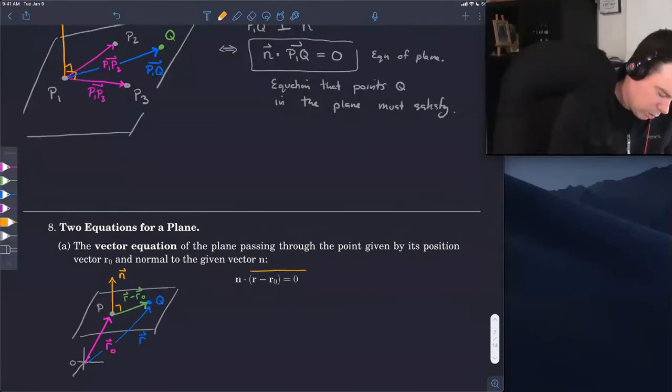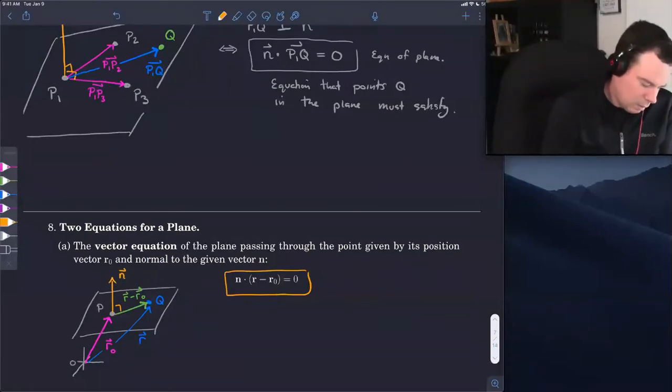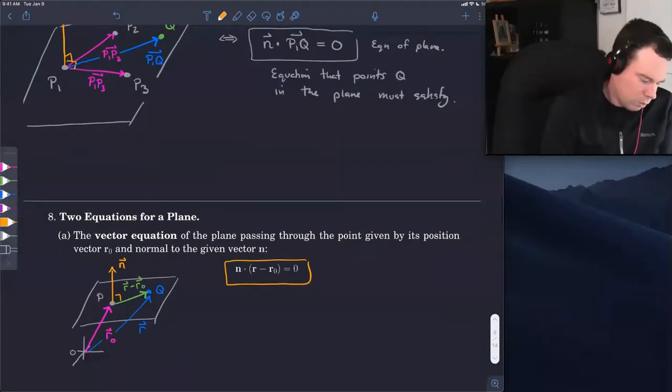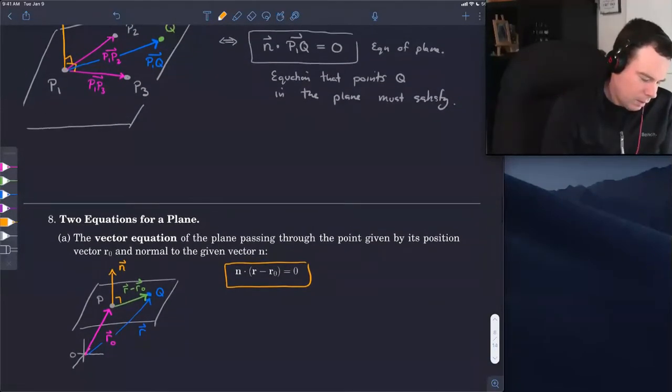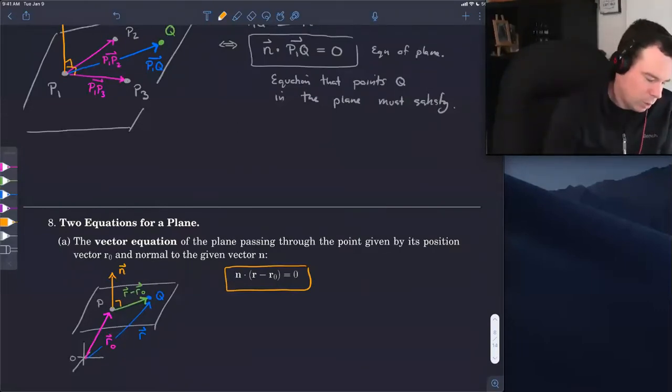And that's this expression here: n dot (r minus r naught) has to be 0 for Q to be on the plane. So this is called the vector equation for the plane. It was basically that equation we had up above, but I now use position vectors for P and Q, and therefore could make sense of that expression, the vector from P to Q.